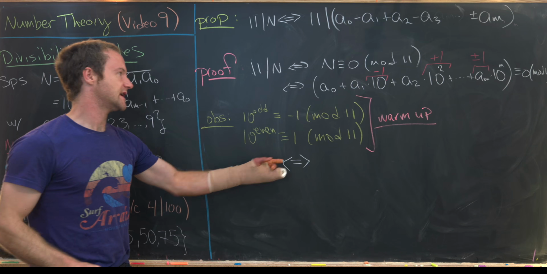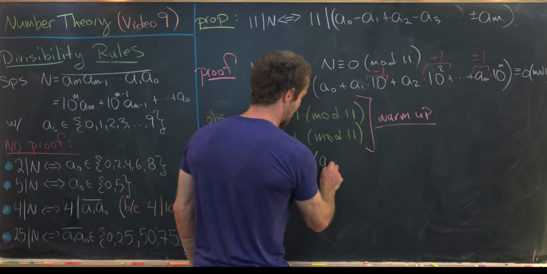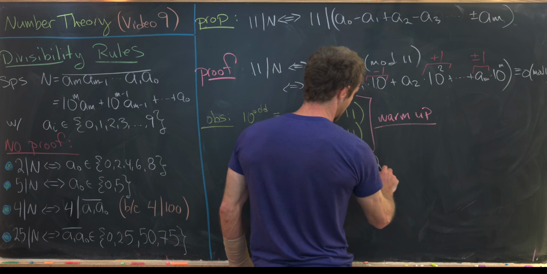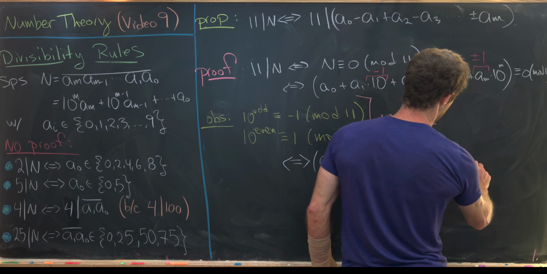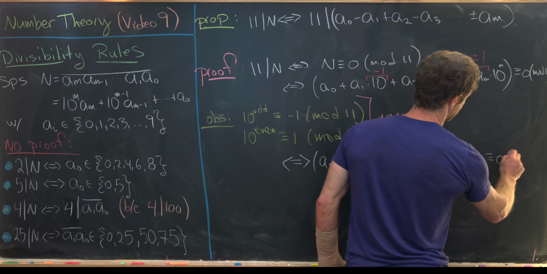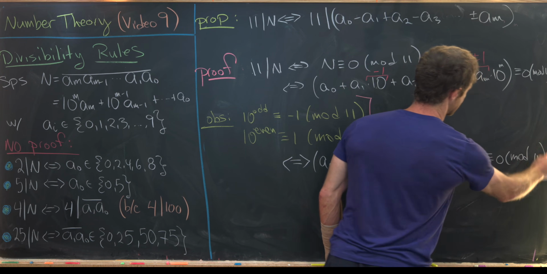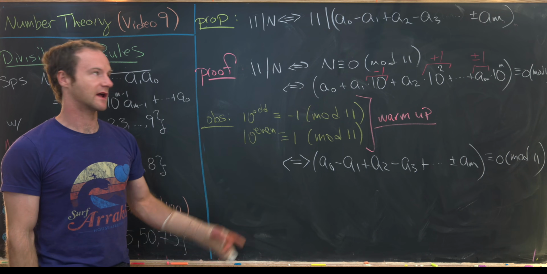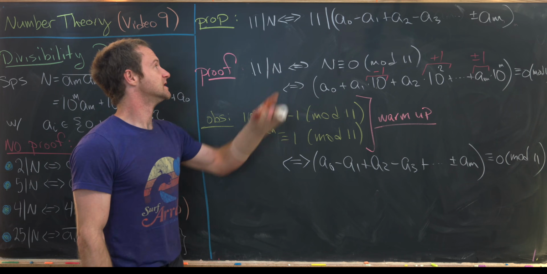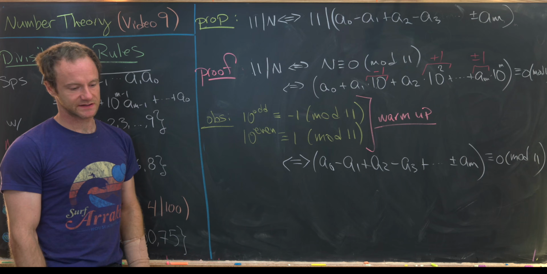And this line right here is equivalent to the line a0 minus a1 plus a2 minus a3 all the way up to plus minus am is congruent to 0 mod 11. But now that alternating sum being congruent to 0 mod 11 is equivalent to 11 dividing that alternating sum.